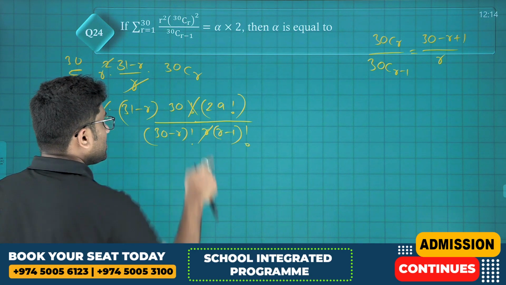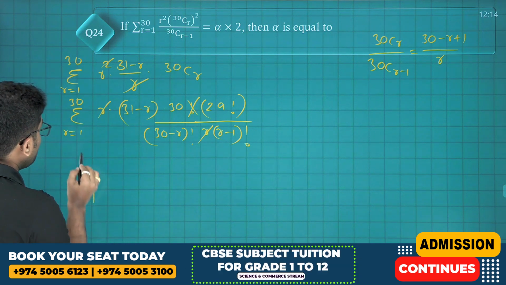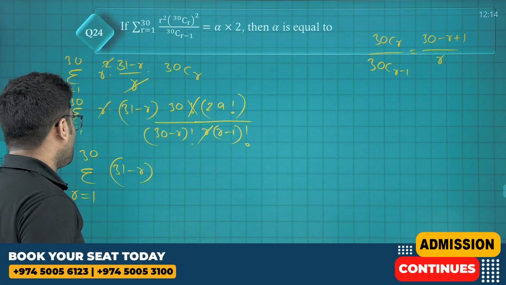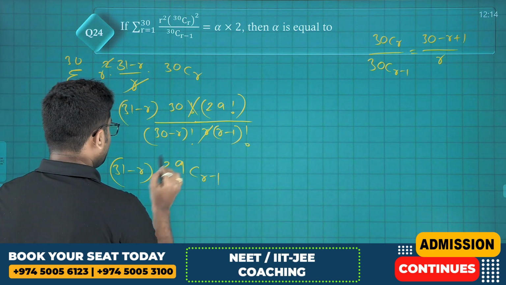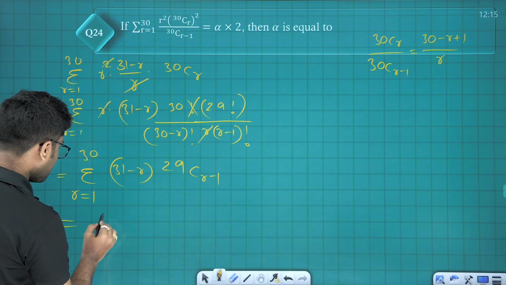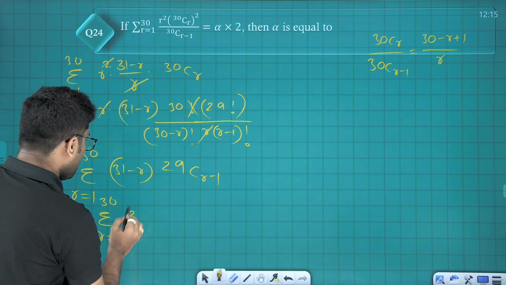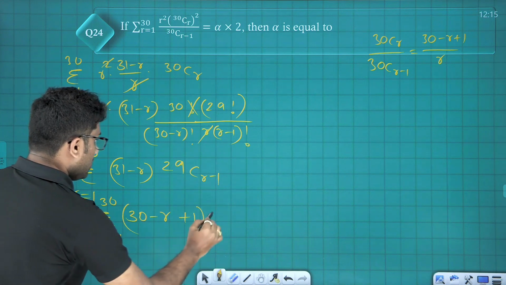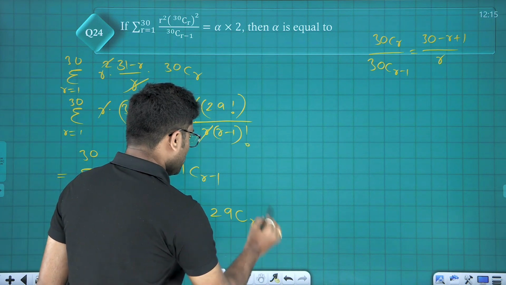The difference of this is 29. So we can write it as sigma r equals 1 to 30, (31 minus r) into 29C(r minus 1). So that becomes sigma r equals 1 to 30, (30 minus r plus 1) into 29C(r minus 1).